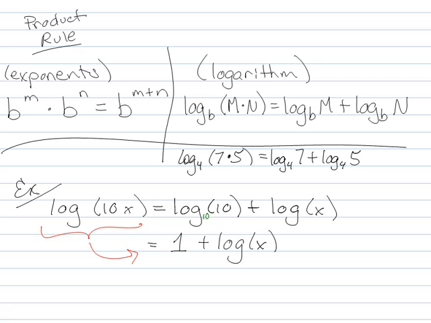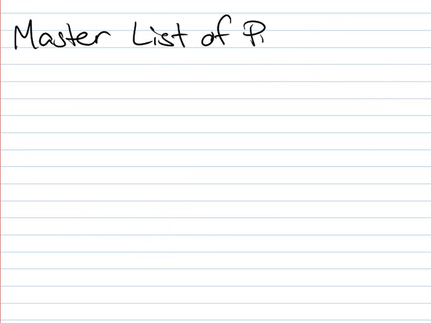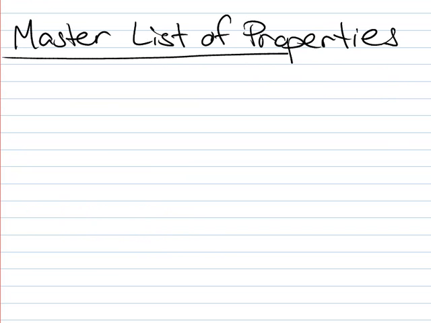Okay, so if you are in the mood, go ahead and start yourself a master list. So I'm going to make myself a master list of properties. Now on there you should have some stuff that we had before. We had log base b of b was equal to 1.